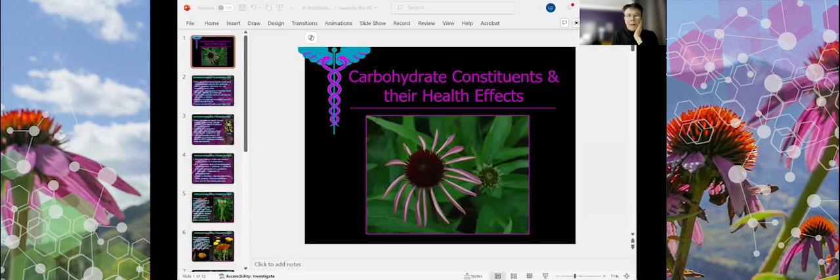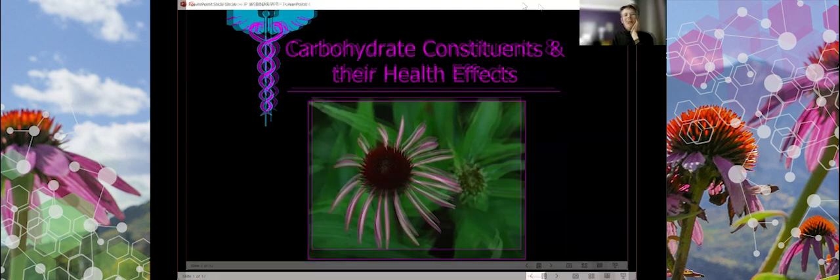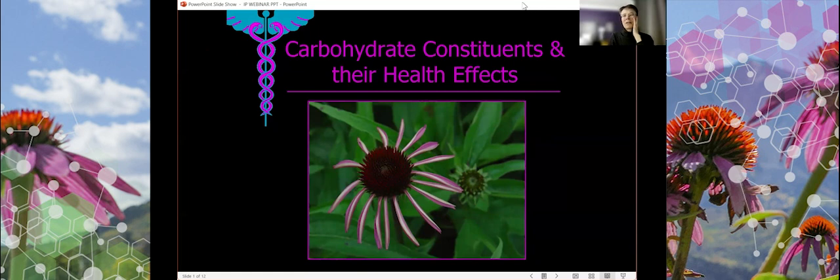Carbohydrates. Let's make that nice and big. Okay. So carbohydrate constituents and their health effects. The reason we're starting with this is because immunomodulating polysaccharides are a type of carbohydrate, right? When we think about carbohydrates, the first place my mind generally goes is nutritional macronutrients, macromolecules, because starches, for example, are a type of carbohydrate, and sugars are carbohydrates, et cetera.